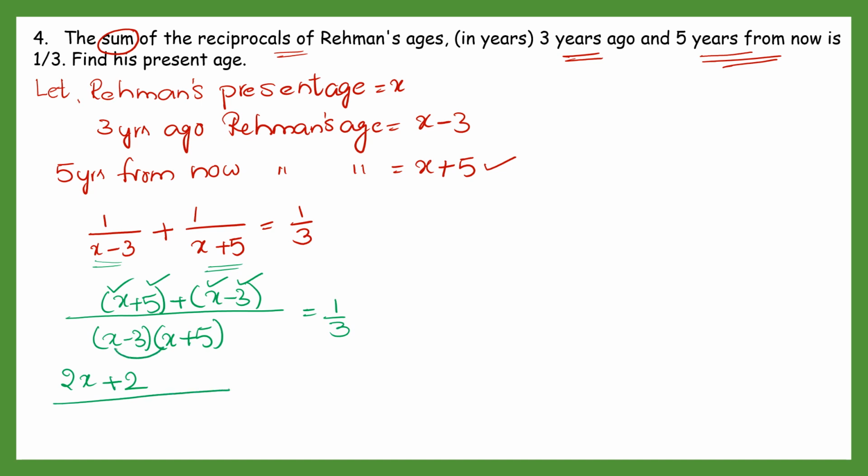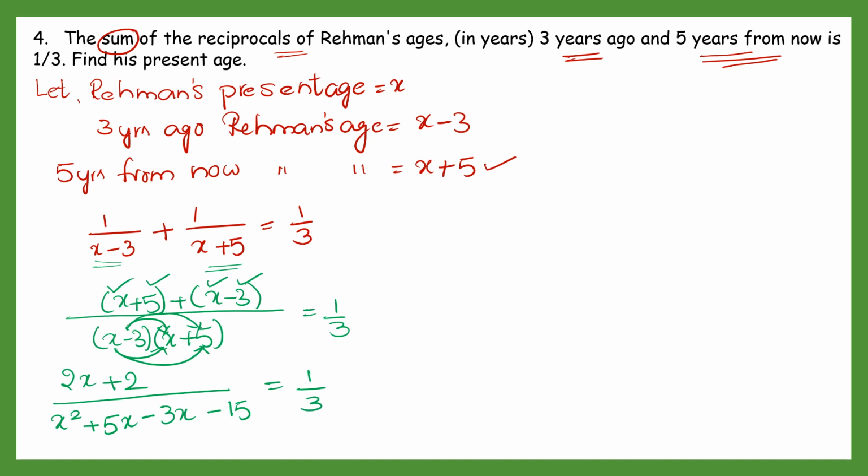First multiply with x. x into x, x square, plus into plus is plus, x into 5 is 5x. Next multiply with minus 3. Minus into plus, minus 3 into x is minus 3x, minus into plus is minus, 3 into 5 is 15. This is equal to 1 by 3.